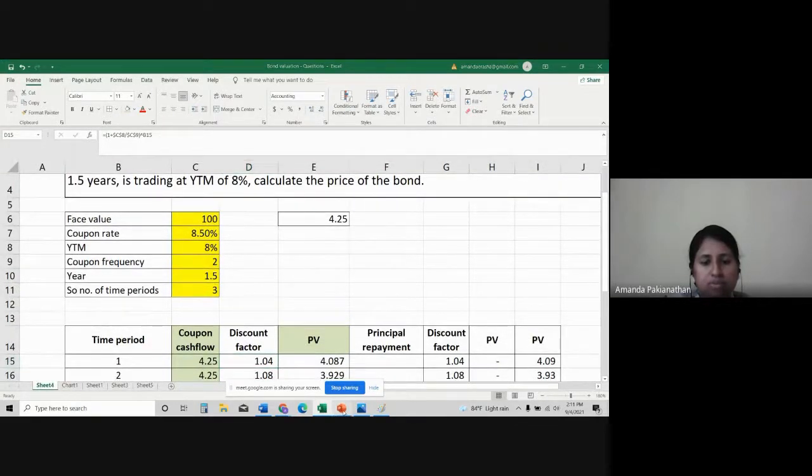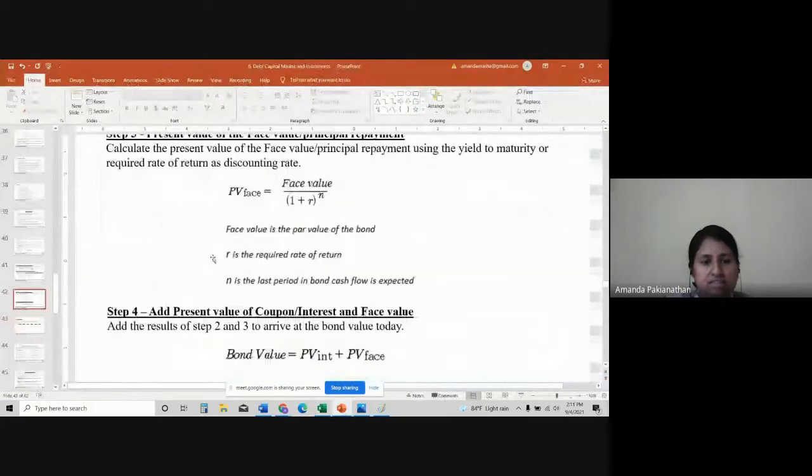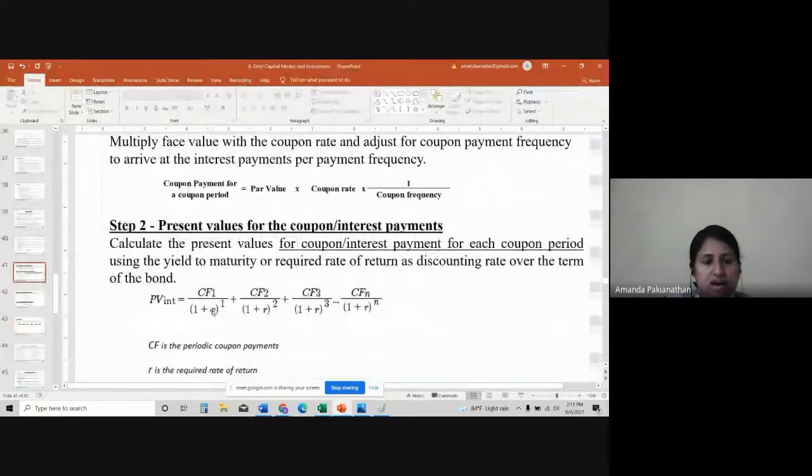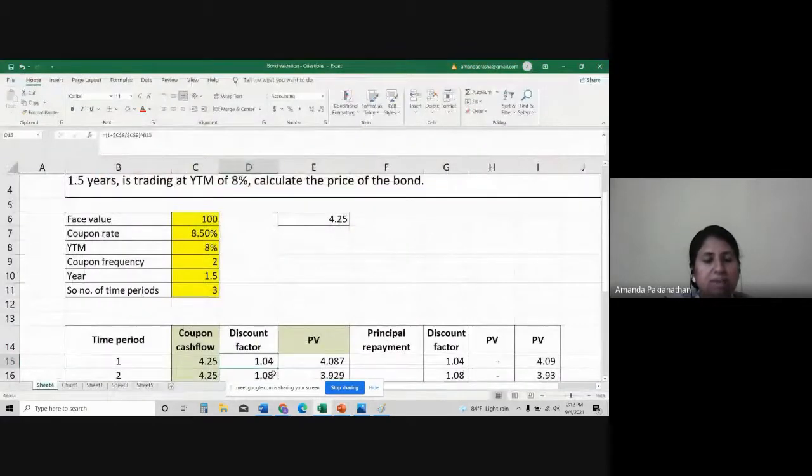Now in the formula it says 1 plus r to the power 1. So for the very first period, power 1 doesn't make a difference. So here it's simply 1 plus 4%. The answer you get is 1.04.